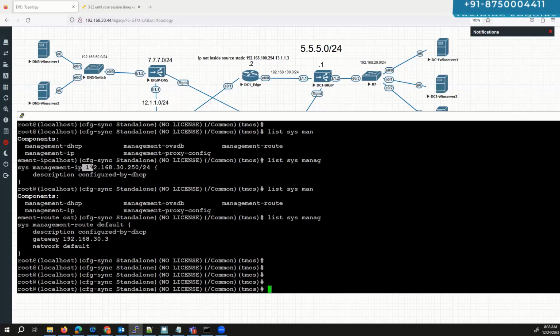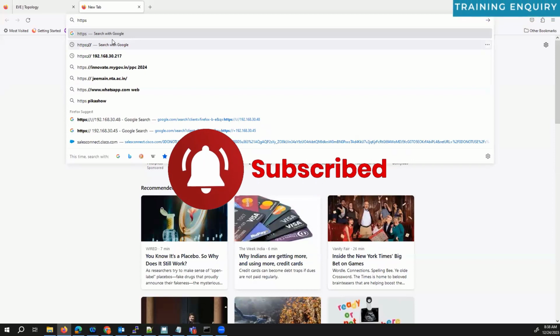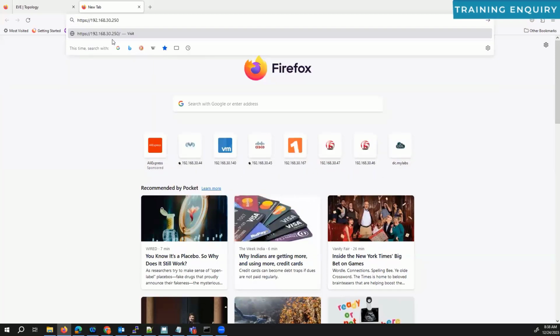Using this IP address, I can have GUI access of this BIG-IP from my browser. You must mention the HTTPS on your own. Ideally, if you look at Cisco devices, you just have to put the IP address in the browser, and you would be redirected to HTTPS automatically.